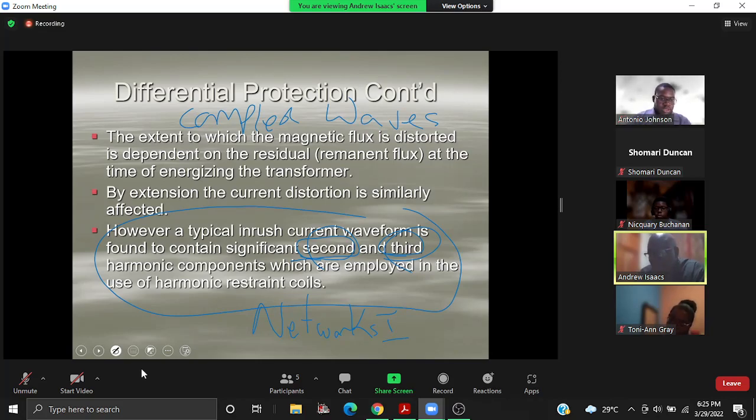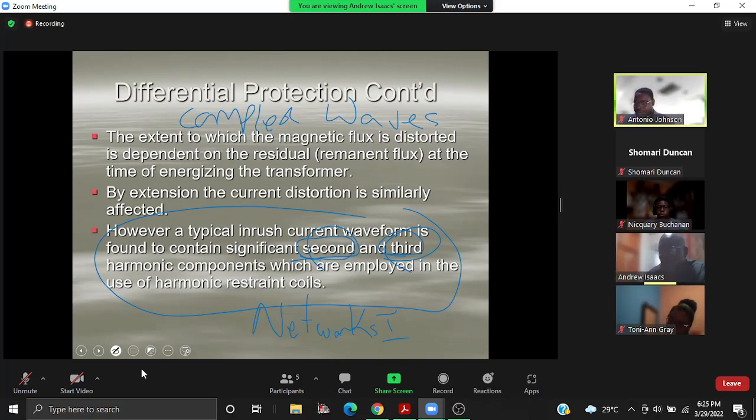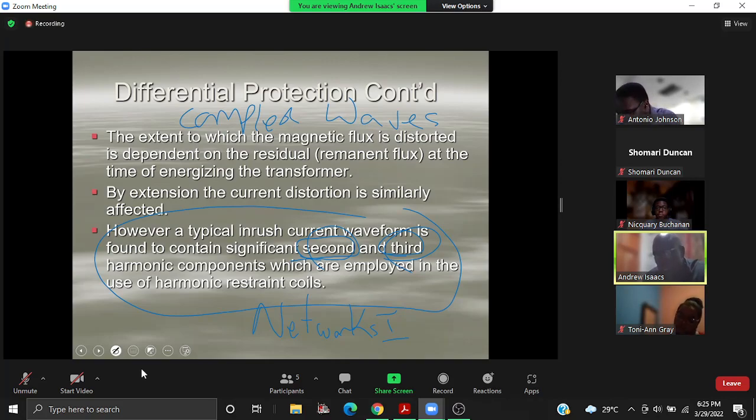We understand that? All right, so the three scenarios. One, if it's inrush, then you will have the second and the third harmonic components. And we're talking now about the primary current.